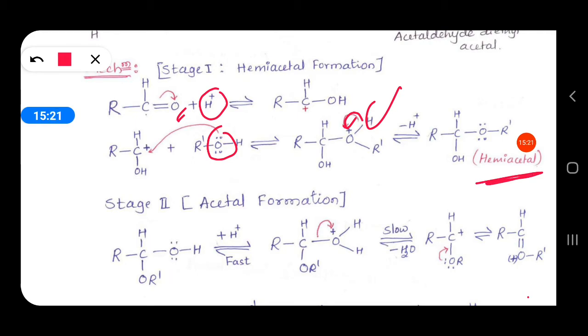So this is the first stage of the reaction, where one molecule of alcohol adds to the carbonyl group in the presence of acid and forms hemiacetals. In the second step, up to this point the reaction is somewhat slow, but since the hemiacetal is unstable, the reaction takes place fast.